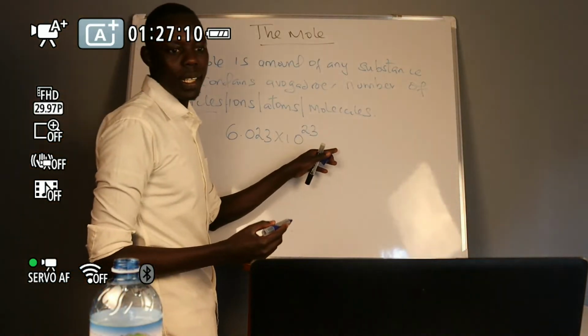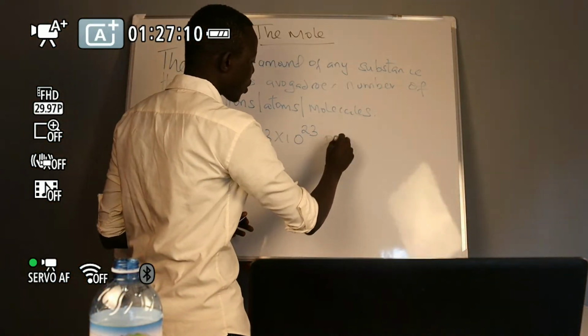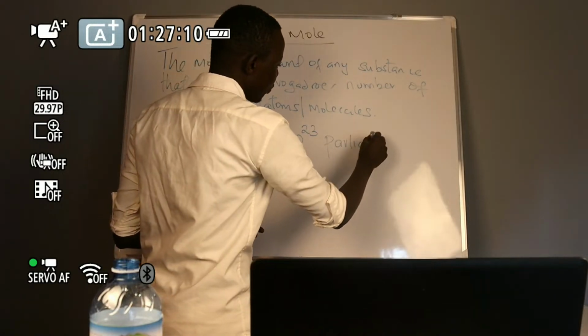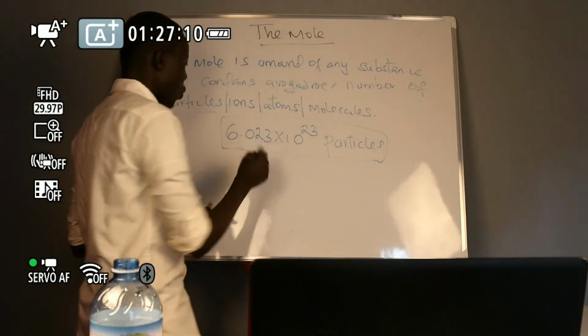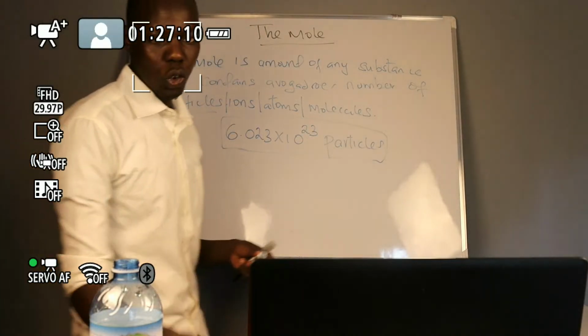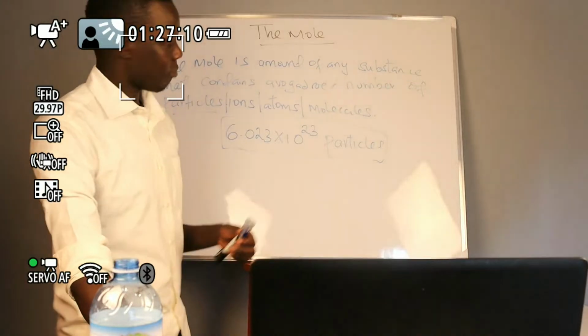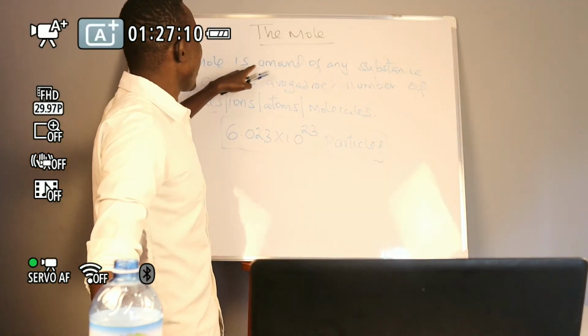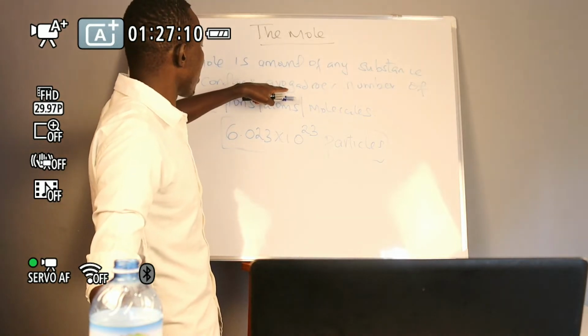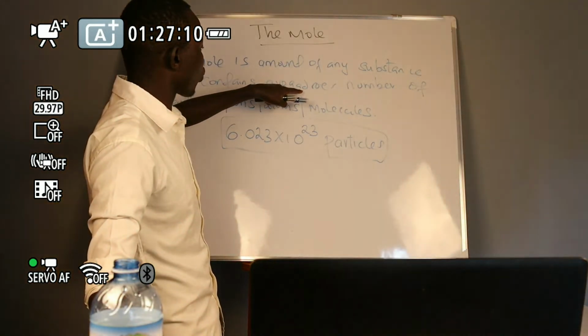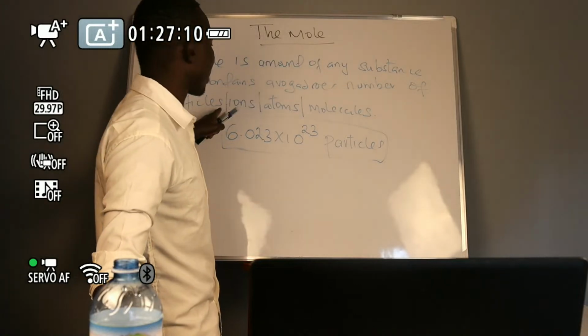After you have written power 23, then you decide whether it is particles, atoms, ions, whatever. This value is called Avogadro's constant. So, in fact, somebody can define the mole as any amount of any substance that contains 6.023 times 10 power 23 number of particles.